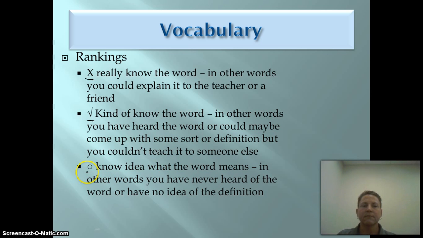A circle means that you have no idea what the word means. In other words, you've never heard of it, or you couldn't really give me a definition. Pause the video if you need to finish filling out this information about how to rank vocabulary words when you do Cornell Notes.